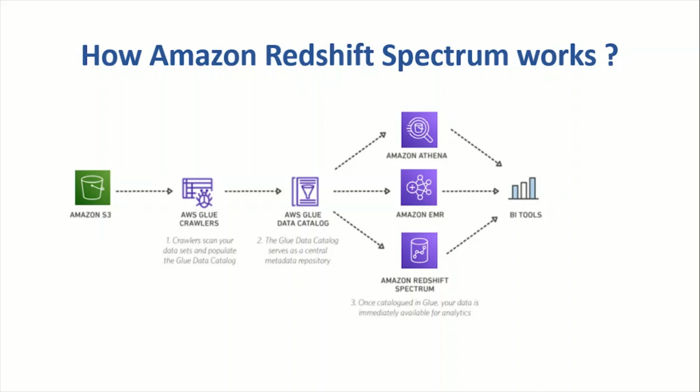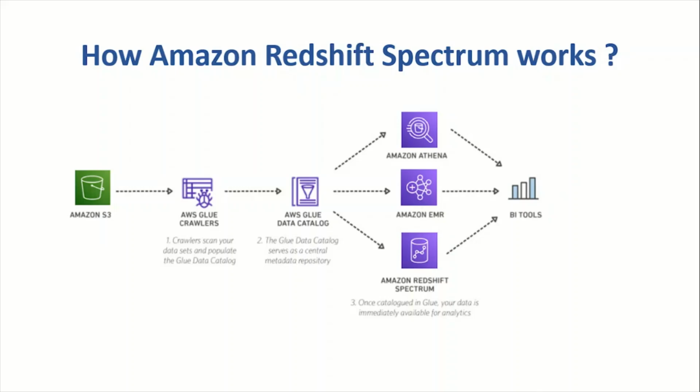Redshift Spectrum is able to read S3 data without loading it by using external tables. And yes, it's similar to the external tables which we are all aware exist in SQL Server, Hive, or Oracle. In the demo we will see this and it will be more clear, but basically these external tables are created in an external database or a data catalog.